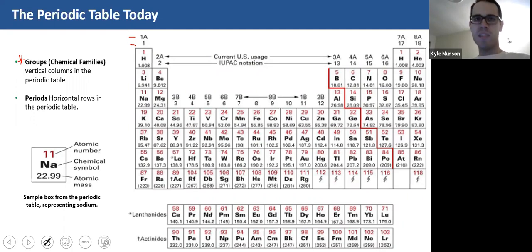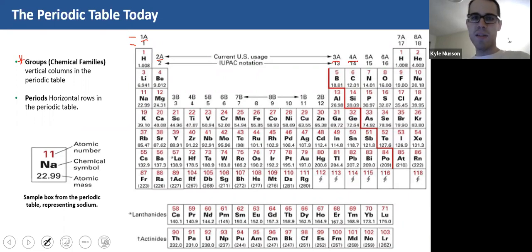It's just another standard system. We'll mostly be using the US system for the periodic table, I think, in this course, but just know both, okay? I might change my mind, I don't know, but I don't think so. So this is, for example, group 1A, group 2A, group 3A, 4A, etc.